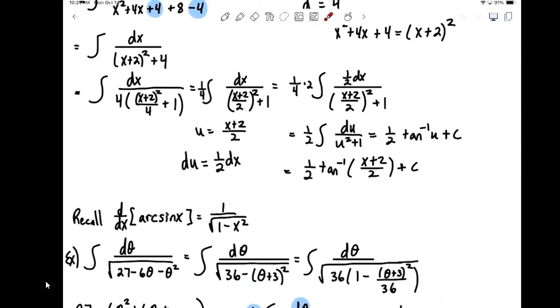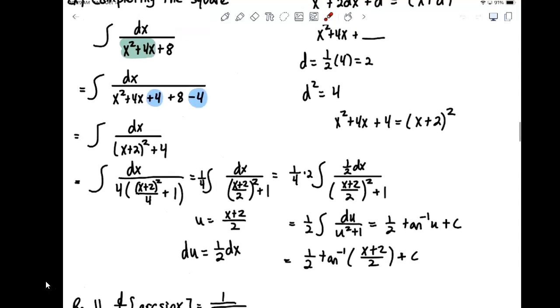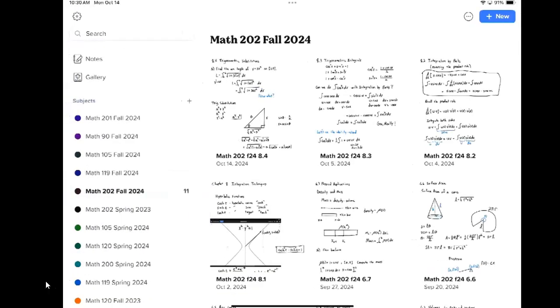So again, the stuff we had to do to try to get this thing to fit the inverse tangent stuff, all those manipulations, we'll actually have an easier time on those problems now. But we still have ones where we will have to complete the square. And that's what our upcoming example deals with here.